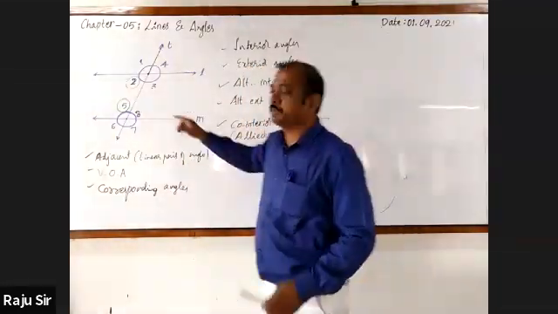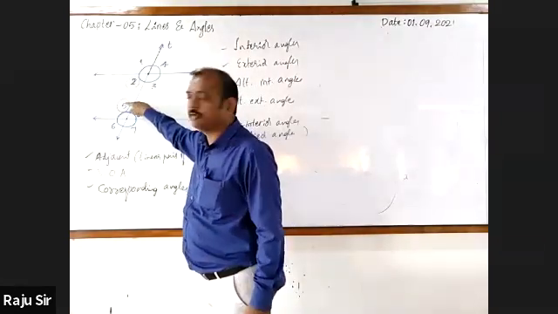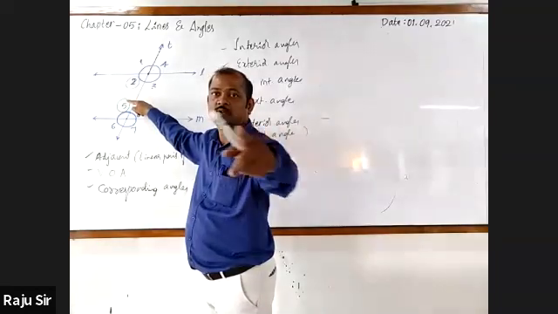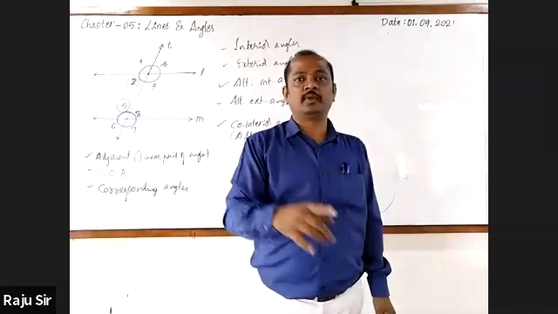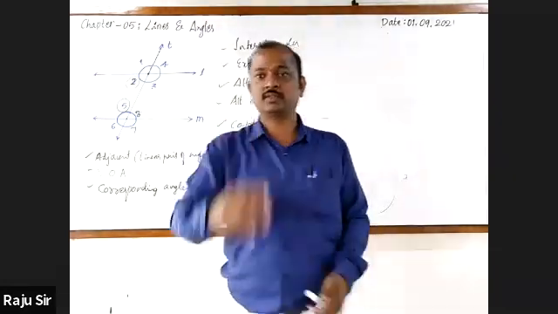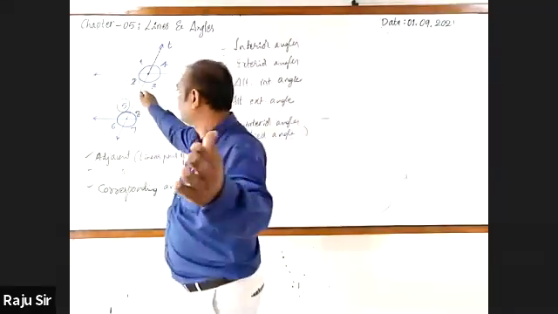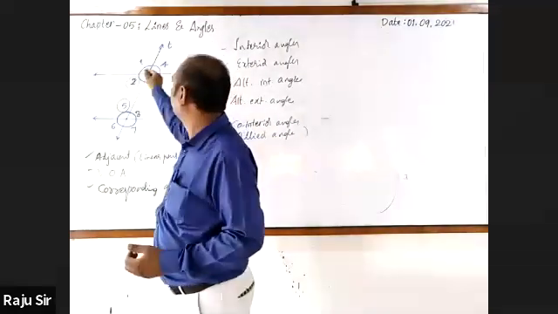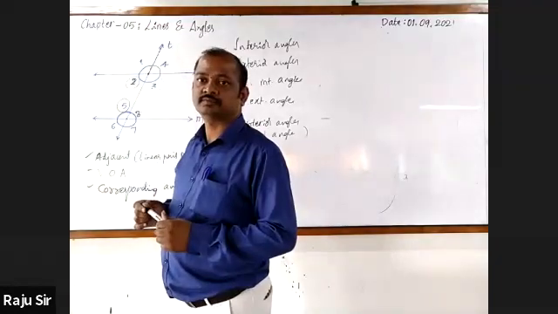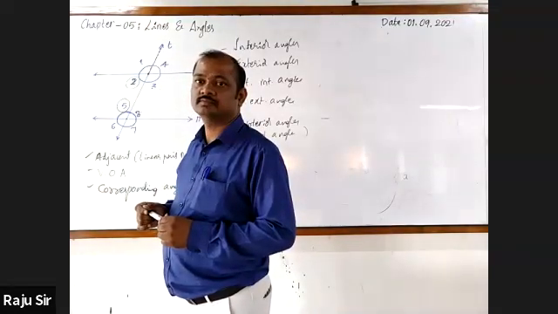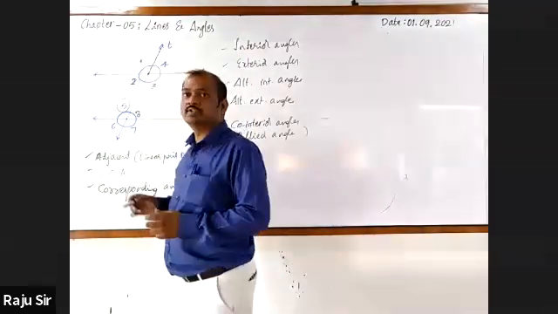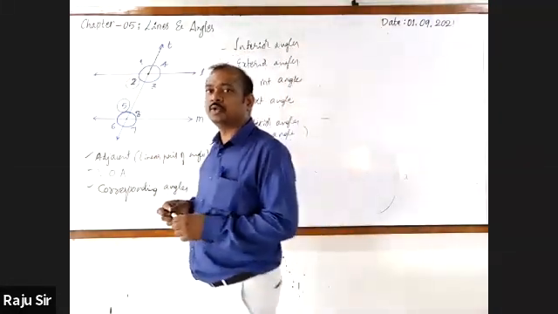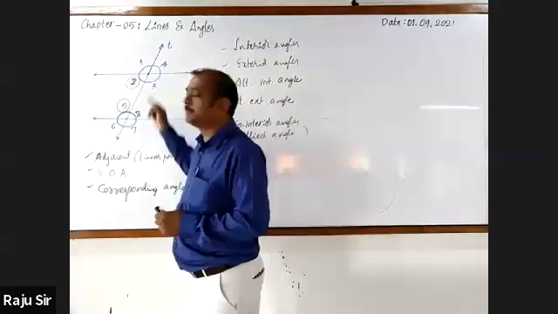What is the relationship between 2 and 5? Their sum is 180. 1 plus 6, the sum is 180 degrees, these are exterior angles. Right, what is 2 plus 3?